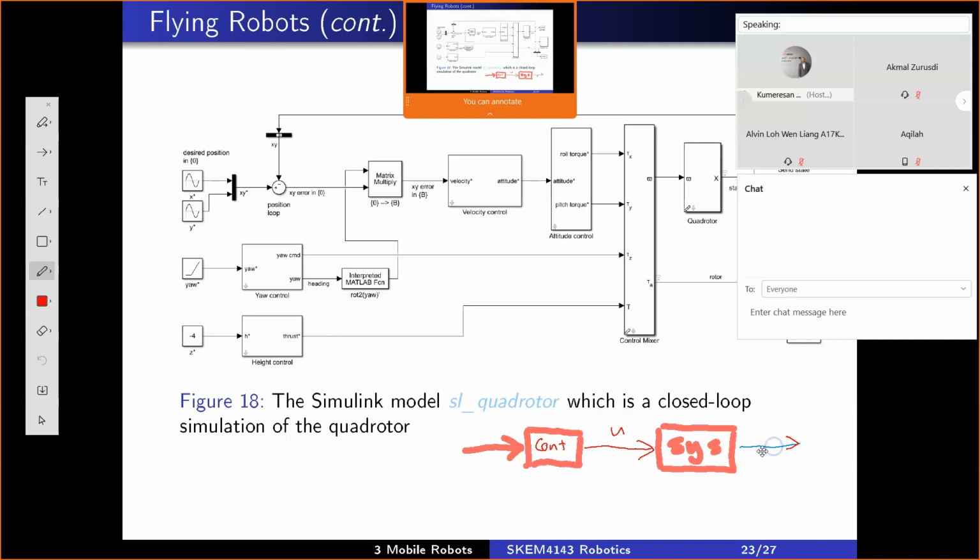This is the output, and you would have a feedback, right? And the feedback is compared with the set point, and then the error goes to your controller, and so on.